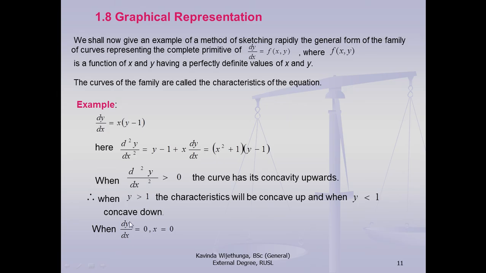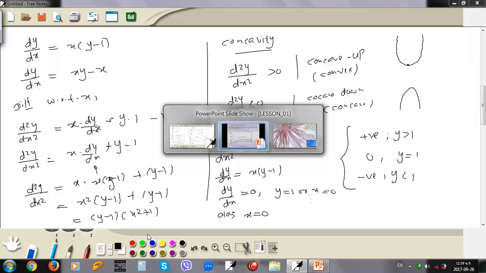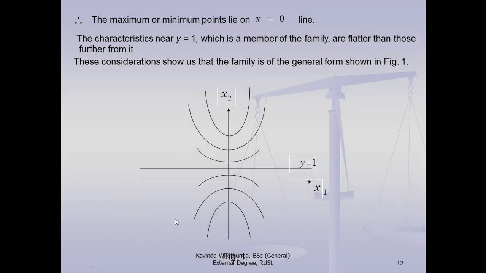So when y is greater than 1, the characteristic curves will be concave up, and when y is less than 1 concave down. When dy by dx equals 0, x equals 0, so the maximum and minimum points lie on the line x equals 0.